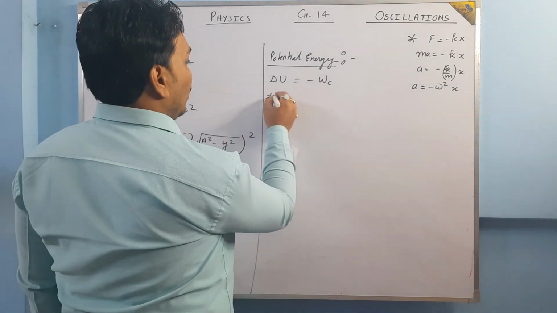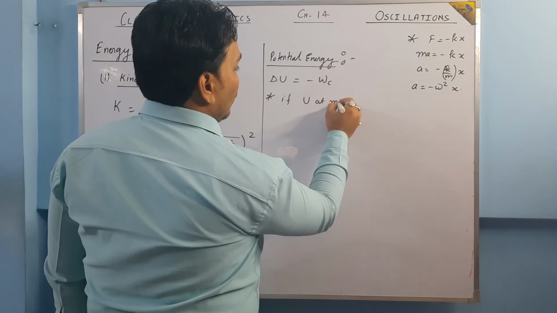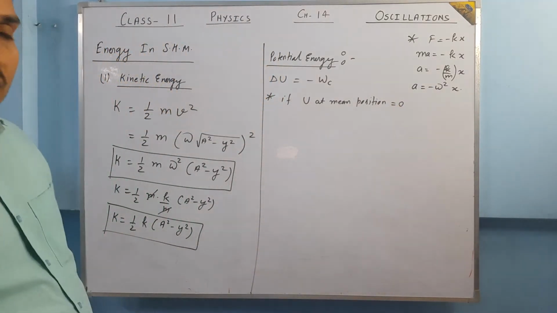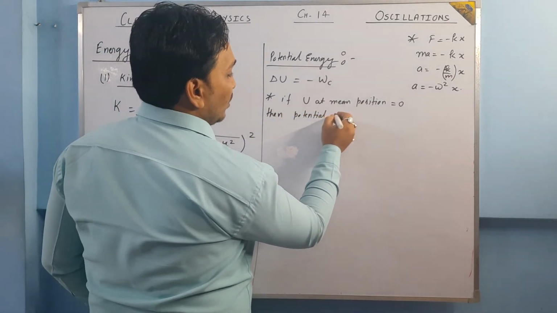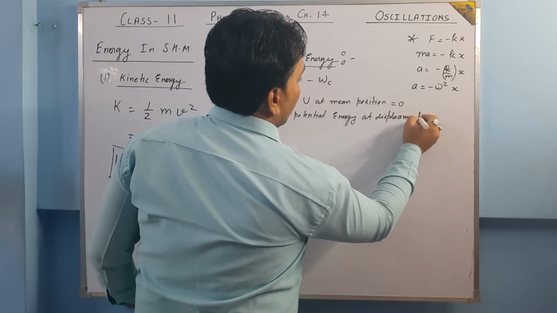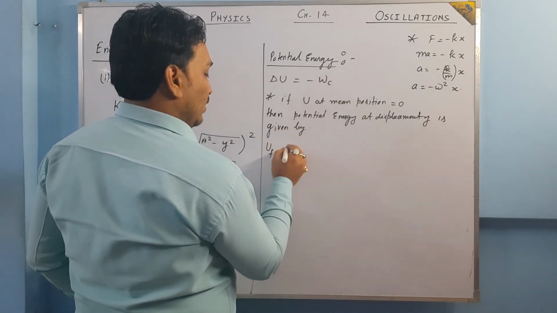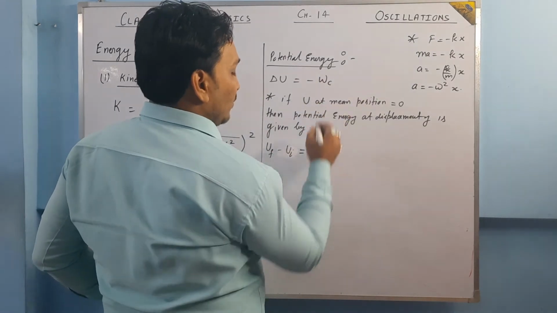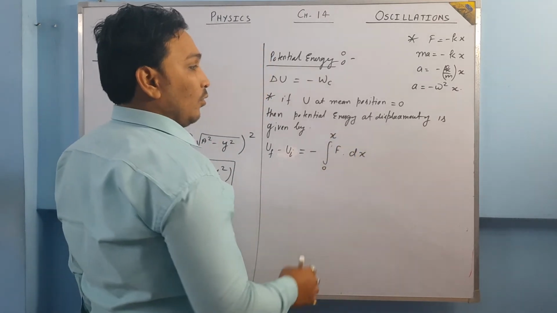So, this is the important word, if potential energy at the mean position is 0, if we consider it, then potential energy at displacement y is given by U final minus U initial, which is equal to minus times the work done by the conservative force, minus the integral of F dx from 0 to displacement y.